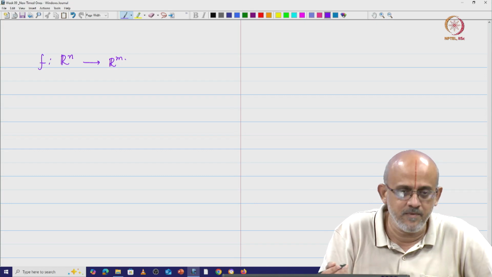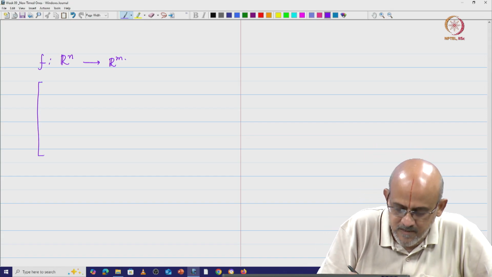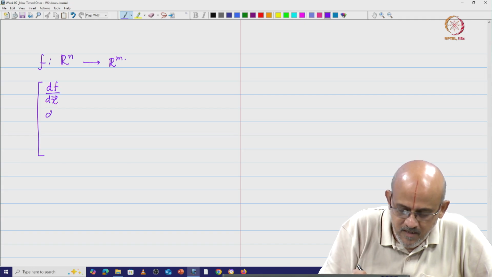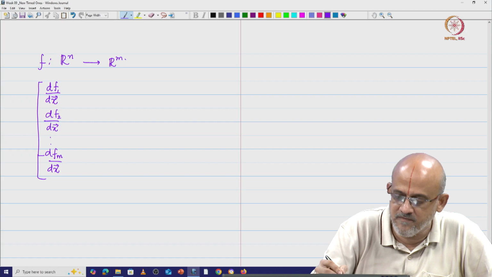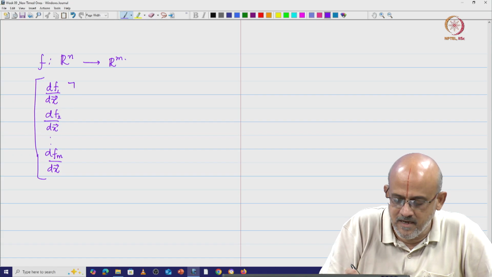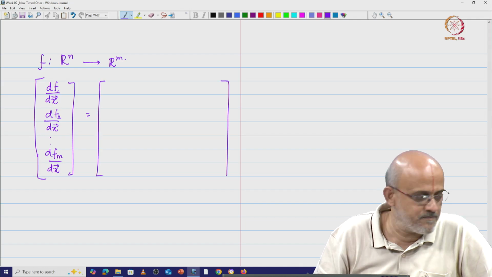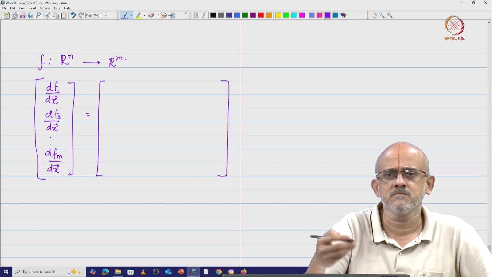So how are we going to put the gradients of all these together? We are going to take df by dx vector: df1 by dx vector, df2 by dx vector, and so on up to dfm by dx vector. That means the gradient of each of these functions. I know how to create this gradient vector for a single function. Every row is going to be a gradient.